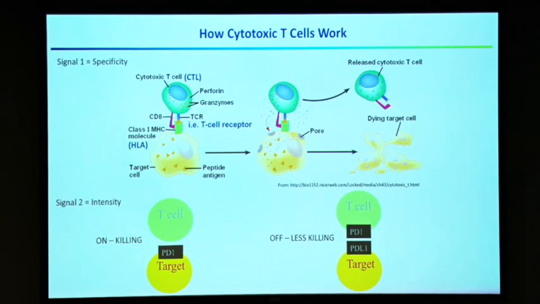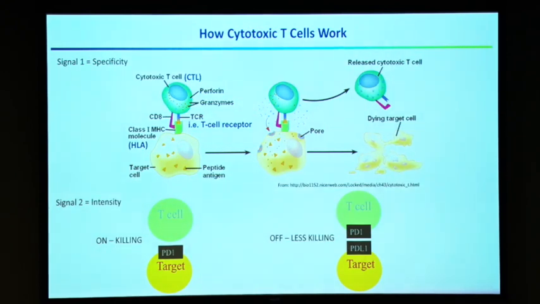So essentially, everybody knows how a cytotoxic T cell works. It recognizes with signal 1, which is really the specificity, on the T cell, it's a lock and key phenomenon. It's extremely specific. The idea is that the T cell would kill the tumor cell, the virus-infected cell, that dies off, and then the T cell goes on to serial killing.